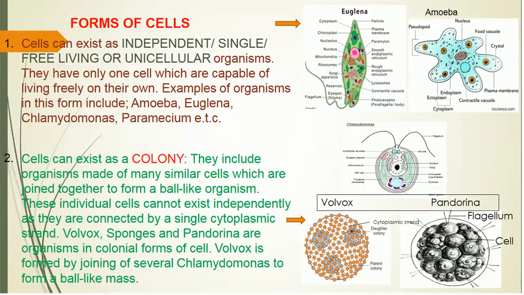You can see a single chlamydomonas. When several of these cells come together, they can form a ball-like or mass structure of an organism, and this organism is known as the volvox or pandorina and the likes. Each cell is connected together by what we call a cytoplasmic strand, and so they cannot be separated.